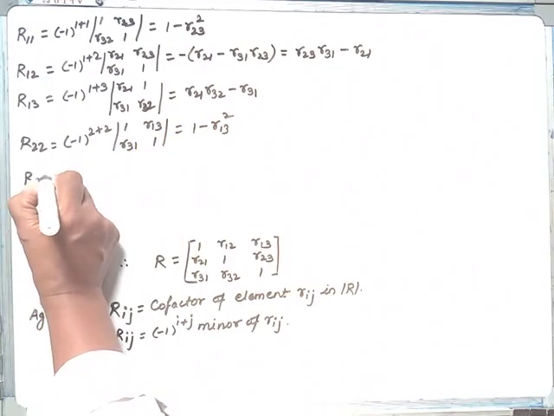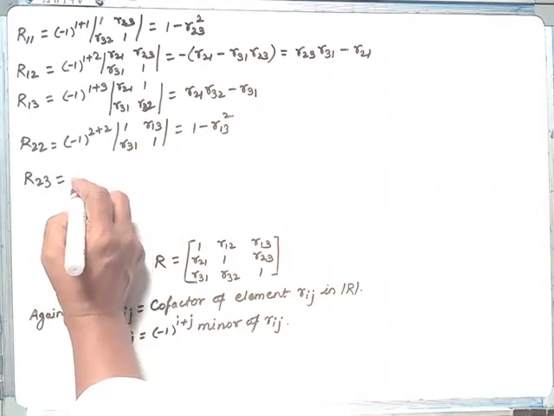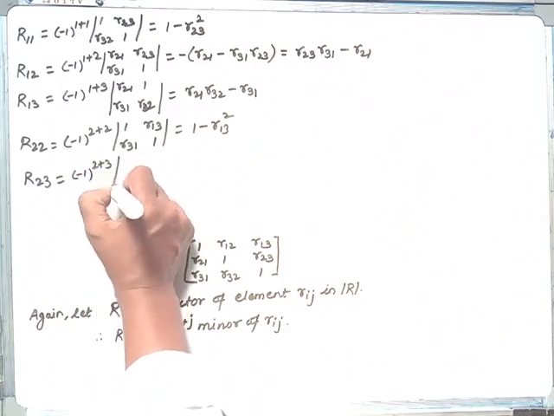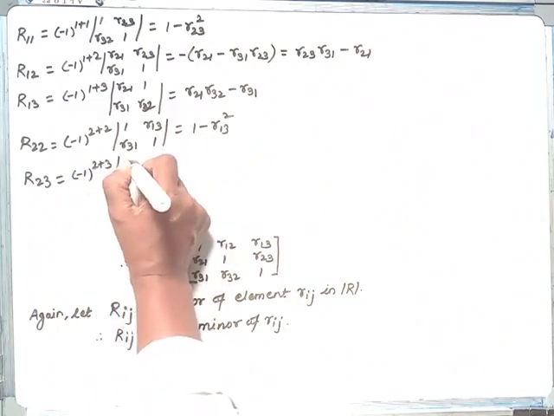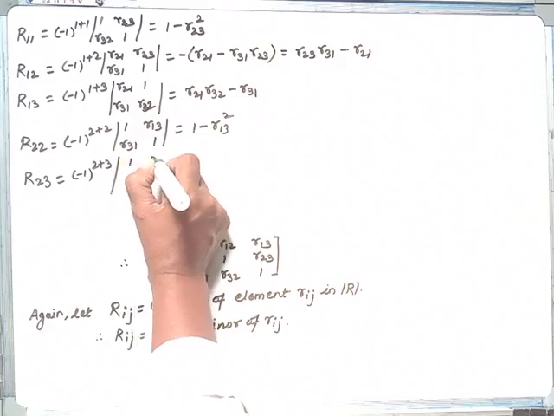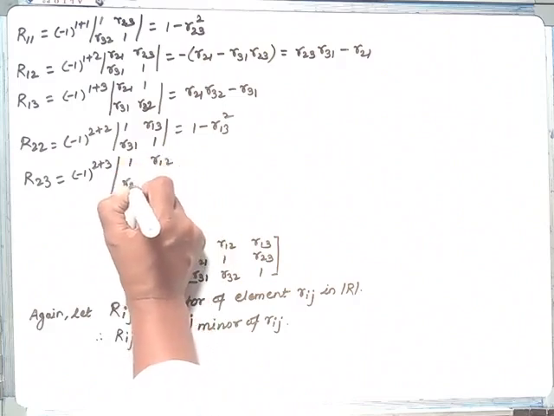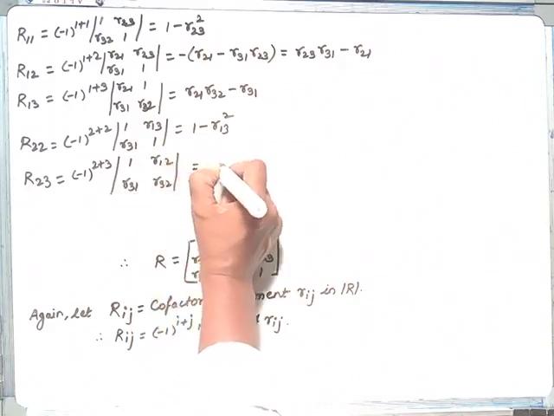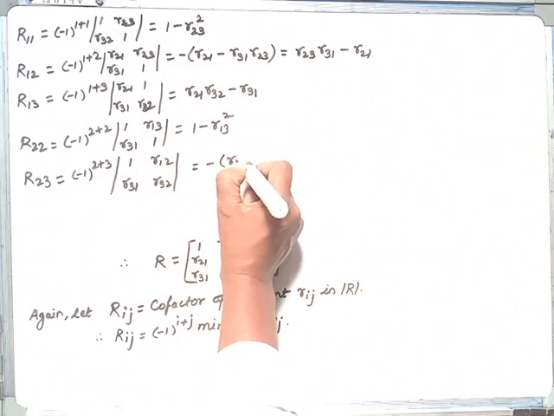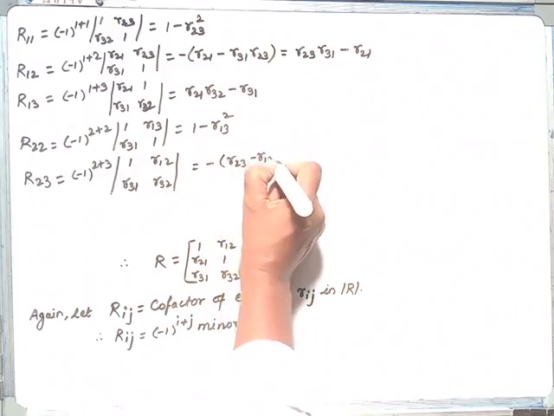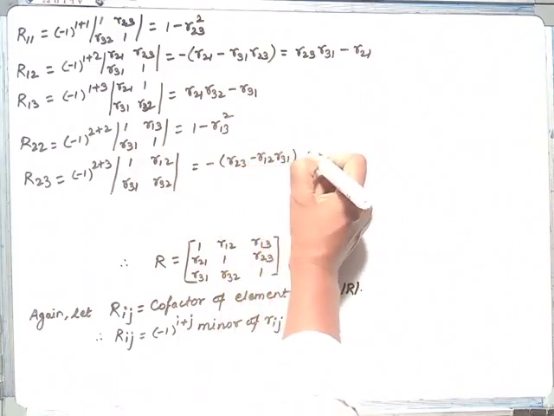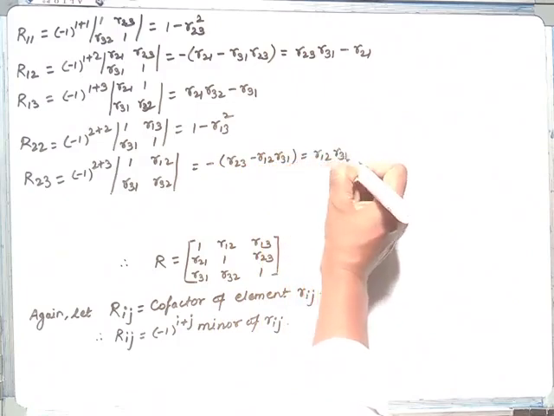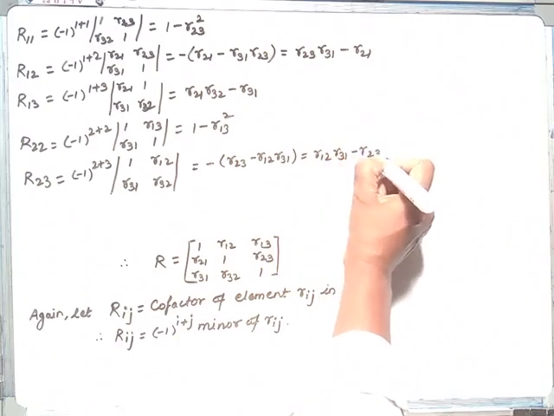Then R23 is minus 1 raised to 2 plus 3, determinant of 1, R12, R31 and R32, which is the same as minus of (R23 minus R12 R31), equal to R12 R31 minus R23.